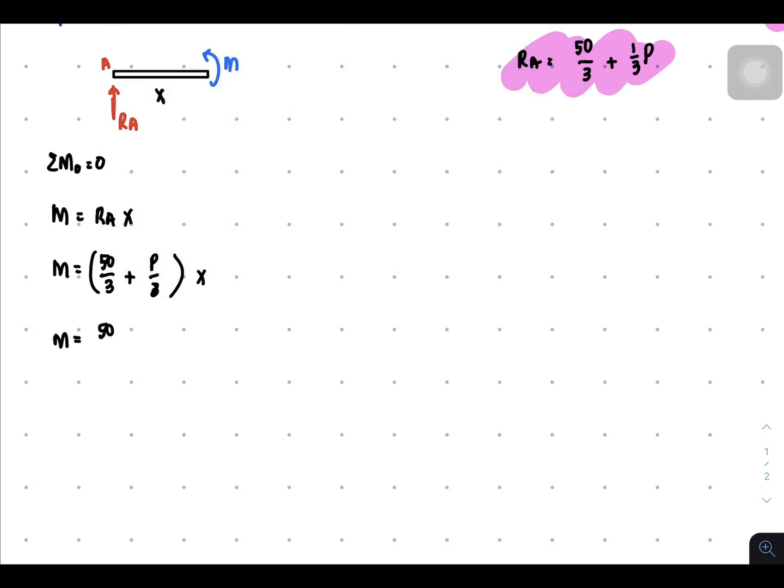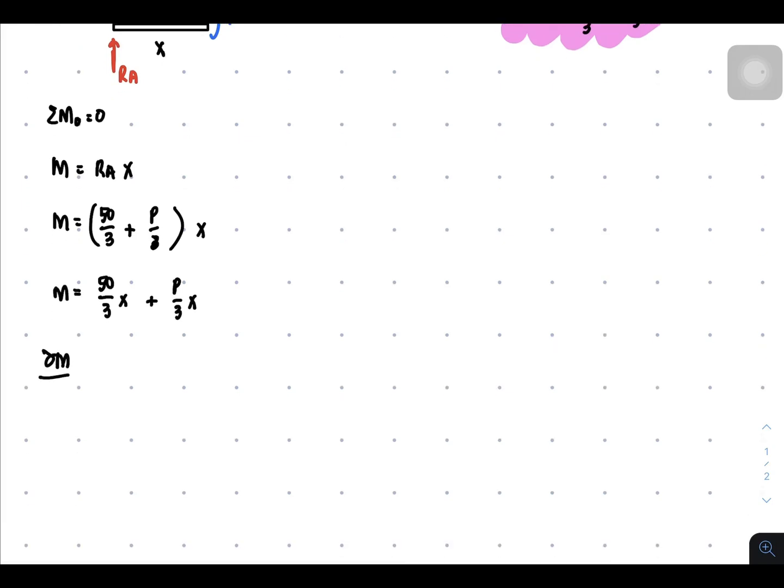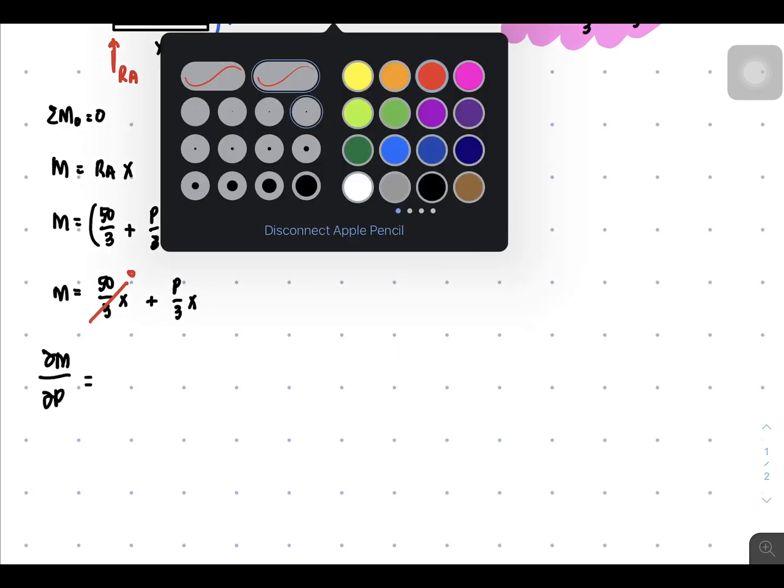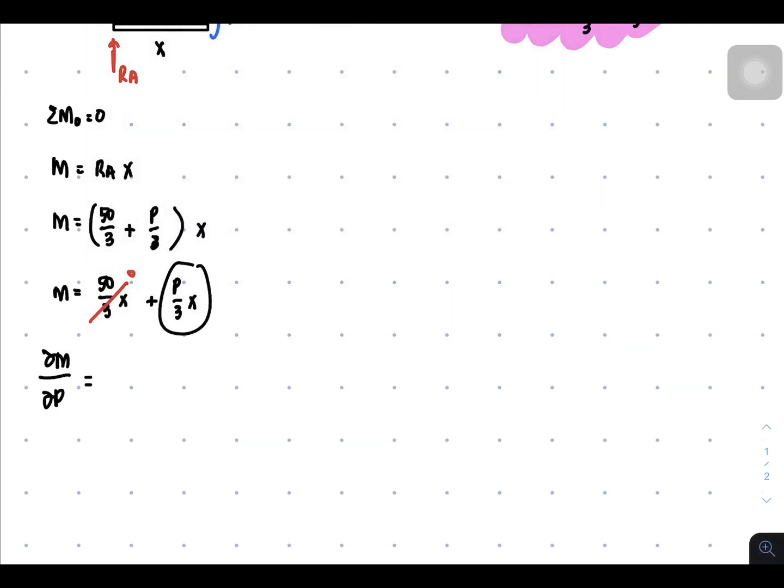It's going to be 50 over 3 x plus P over 3 x. And you get now the partial derivative of that equation, setting the first term to 0 since that is now the constant, and the P term will be considered the variable. So the partial derivative of P x over 3 with respect to P is equal to 1/3 of x, or x over 3.